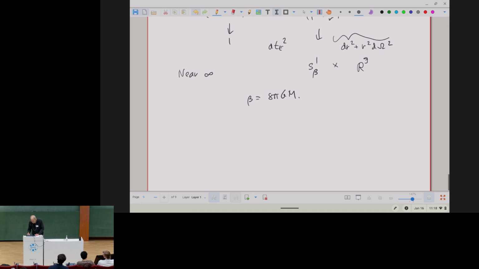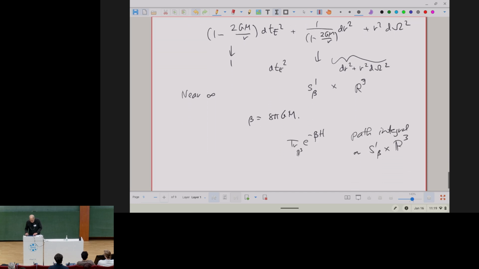The basic reason is that the circle corresponds to computing trace e to the minus beta H. If you want to compute trace e to the minus beta H for fields in R3, you'll do a path integral on S1 beta times R3. A path integral on S1 beta times anything, where S1 beta is a circle of circumference beta, will give you a thermal ensemble on anything. That's just a general statement about quantum systems, quantum statistical mechanics.